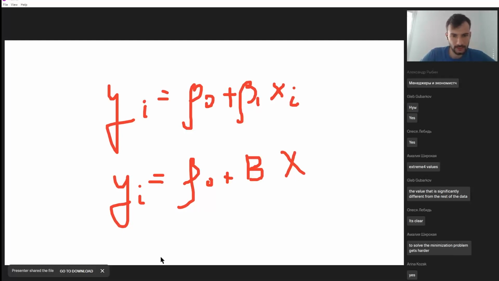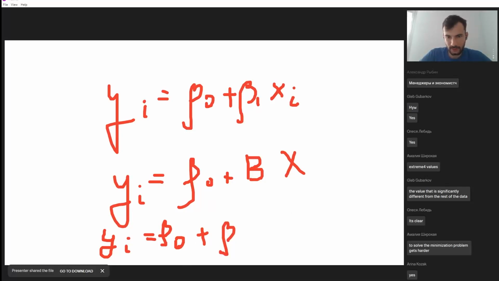If you remember some mathematics, that should be b0, and if these are vectors with x 1, 2, 3, and b is beta 1, beta 2, beta 3, then you open it.